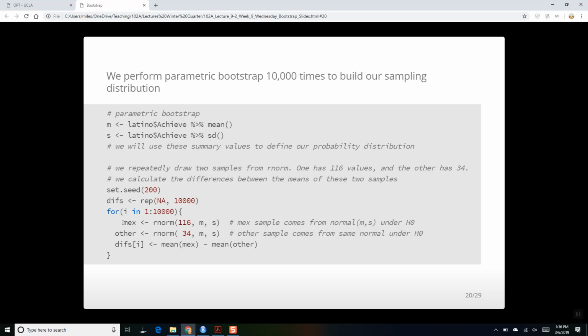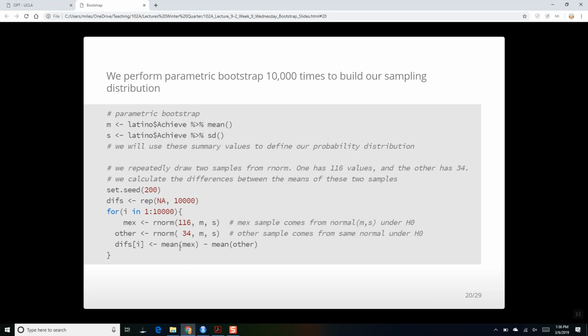And that's going to be our stand-in for the values for the immigrants from Mexico. Then we do the same thing, except I draw only 34 because that's how many we have. This will come from the same population, rnorm with mean M and standard deviation S, but we're going to draw a sample of 34, and that will go in as our stand-in for the values for other countries.